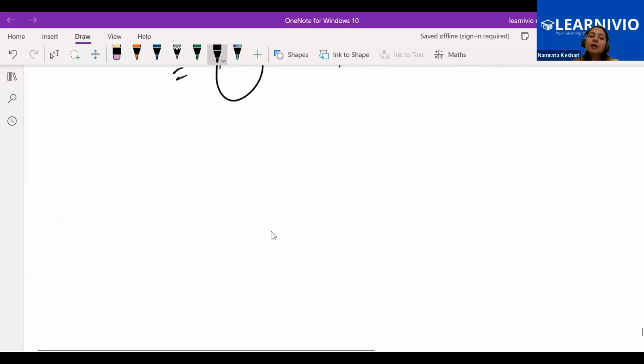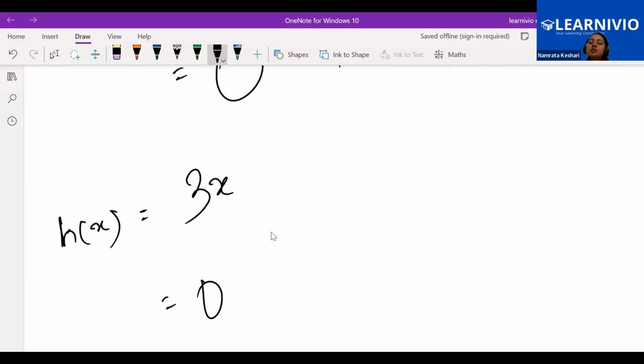Now let's say, Sara, I am giving you a polynomial, let's say h(x) is equal to just 3x. Now you tell me what is the zero of this polynomial, what can be taken at the place of x? Shall we multiply with 3 so that the result is 0? Minus 3. 3 into minus 3 is?